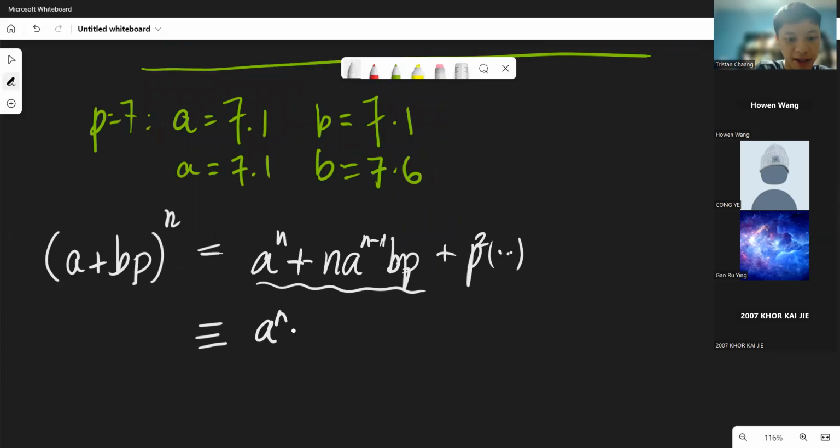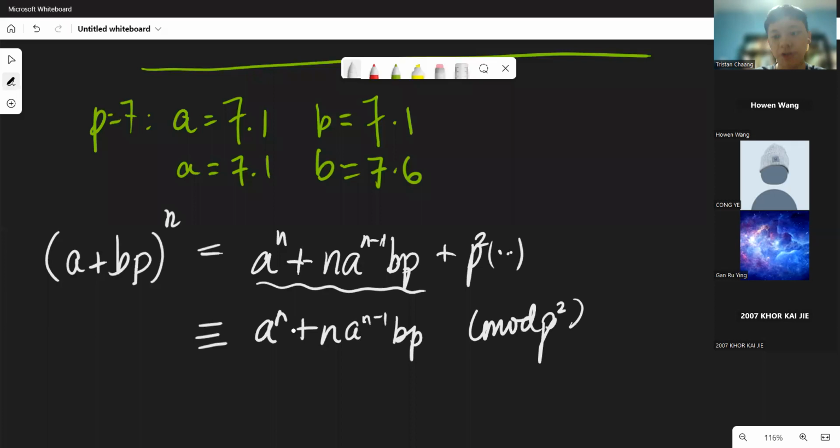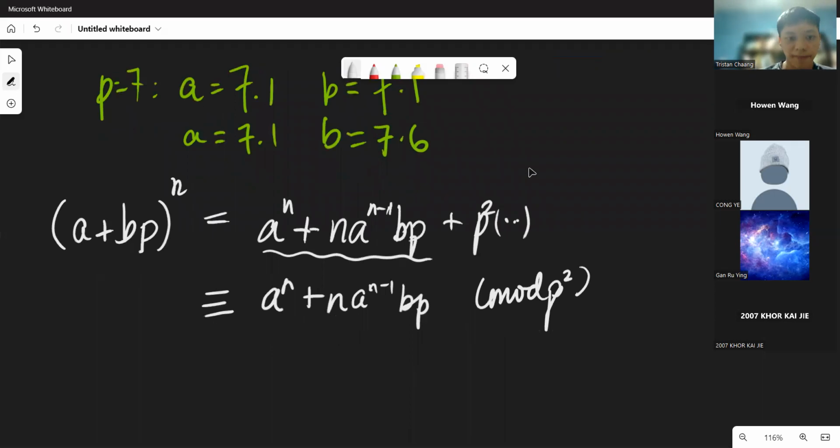So it's a to the n plus n times a to the n minus 1 bp mod p squared. Of course, you could do the same thing for mod p cubed. You just take the first three terms, and then you can do mod p to the n in general. Okay.